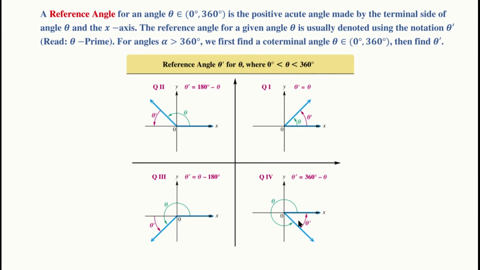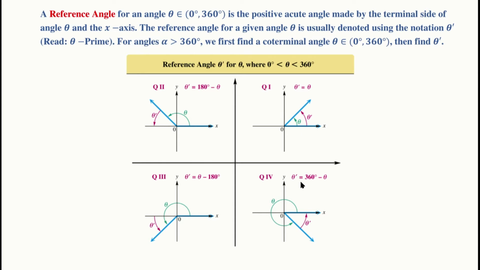So how much is this piece? Well, that's 360 minus the original angle. So these four relationships show us how to find the reference angle for any angle between 0 and 360 degrees.